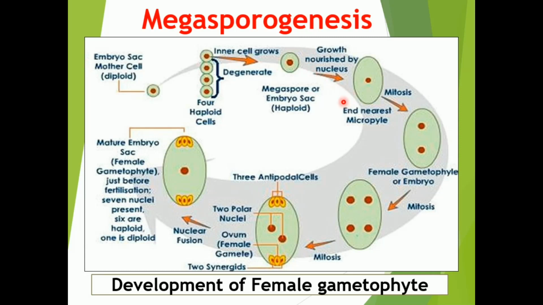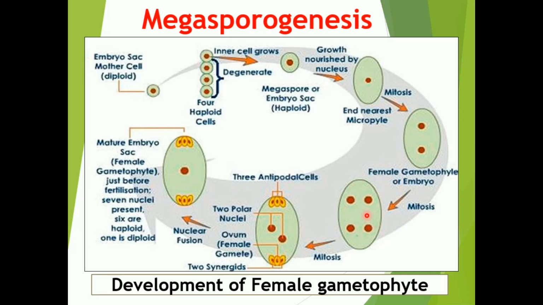It undergoes three successive nuclear mitotic divisions: first, second, and third. Thus a total of 8 nuclei are formed, 4 of which are located at each pole. In the first mitotic division, it forms a two-celled structure. Afterwards this again undergoes mitosis, forming a four-celled structure.